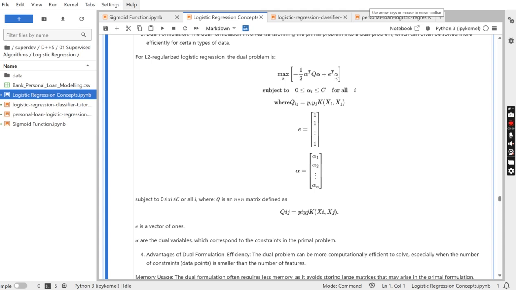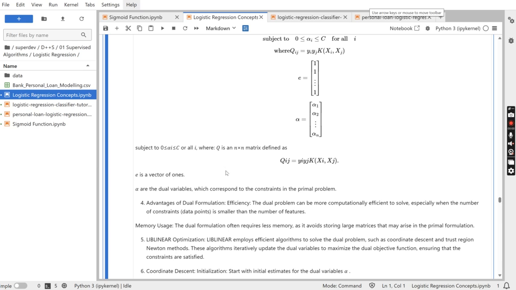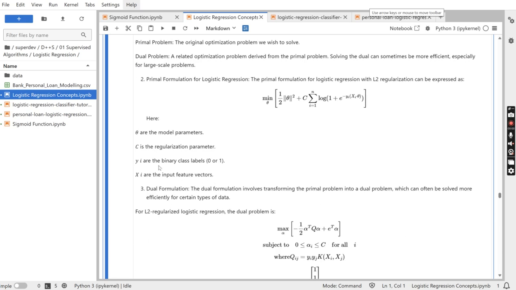Here I have too much explanation also, but if you want to understand it in a simple way, there are multiple parameters. Here the model parameters are indicated by theta, and C is a regularization parameter.